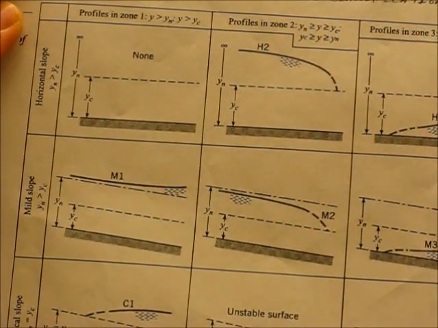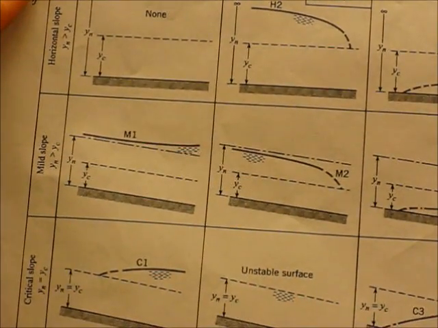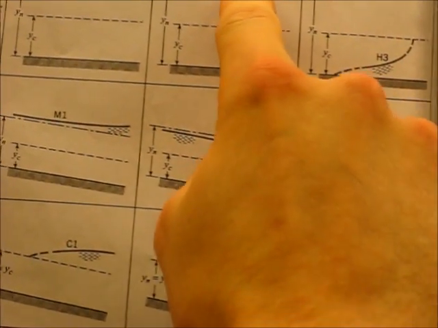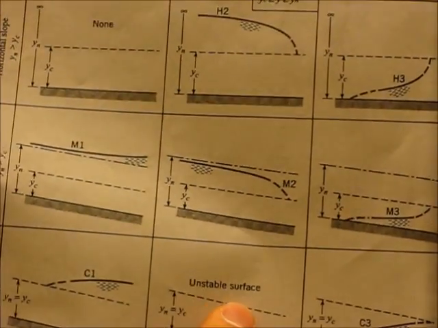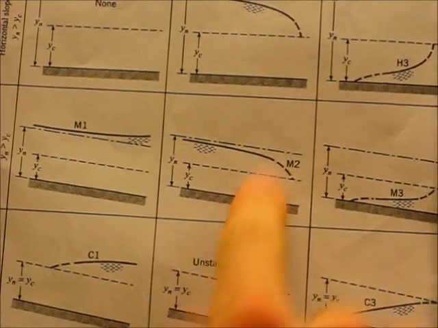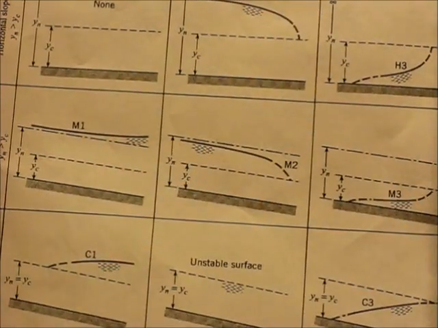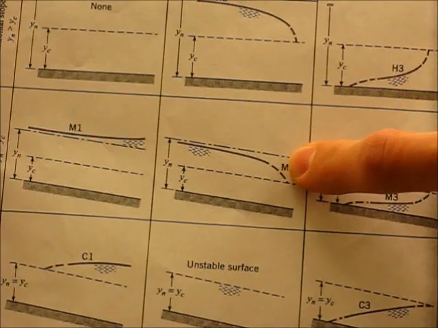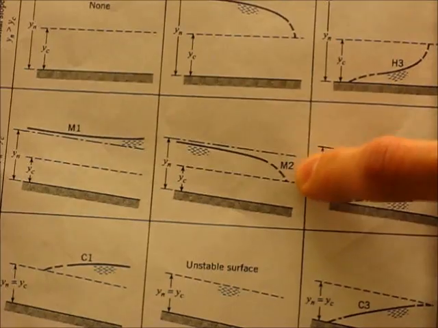You can see that the mild slope is because the uniform depth is larger than the critical depth, and then between M1, M2, and M3, you can see that it would be M2 because our actual depth was between the uniform depth and the critical depth, which you see on M2. The line here represents the changing depth of the actual river flow. Here's the uniform depth, and here's the critical depth.